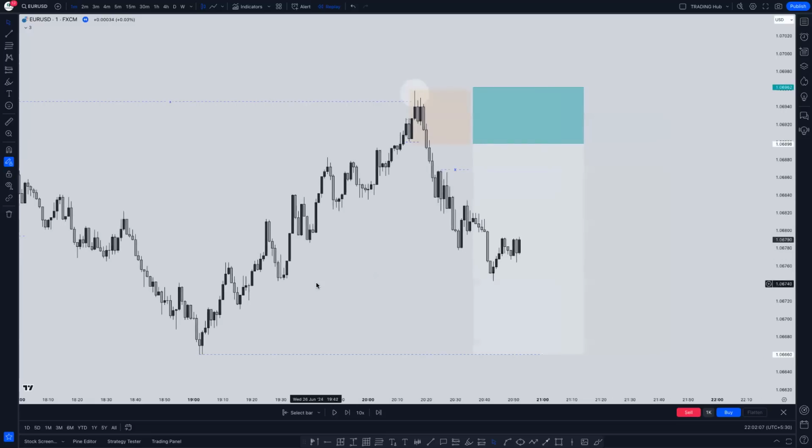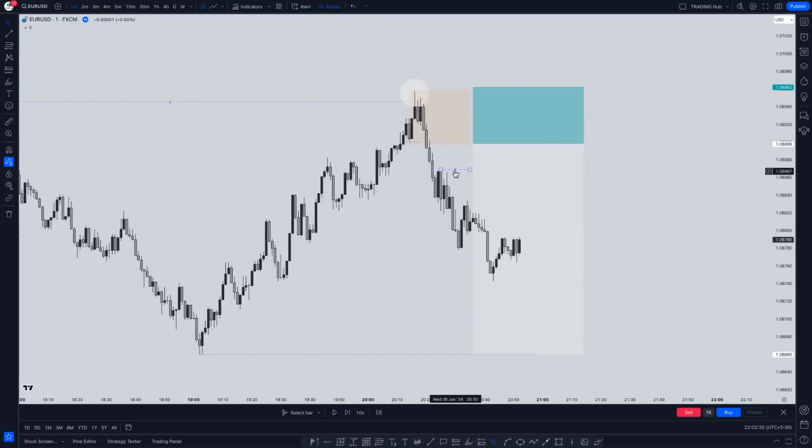And is the entry still valid or not? Say yes or no. Yes, yes. Okay, perfect. We can still enter here. Why?